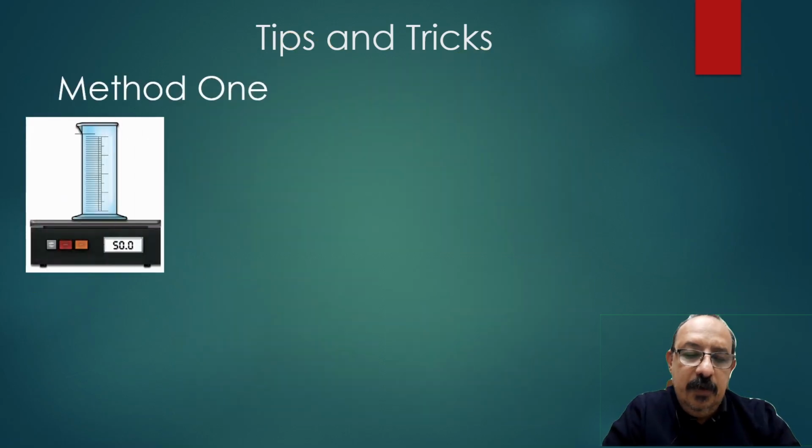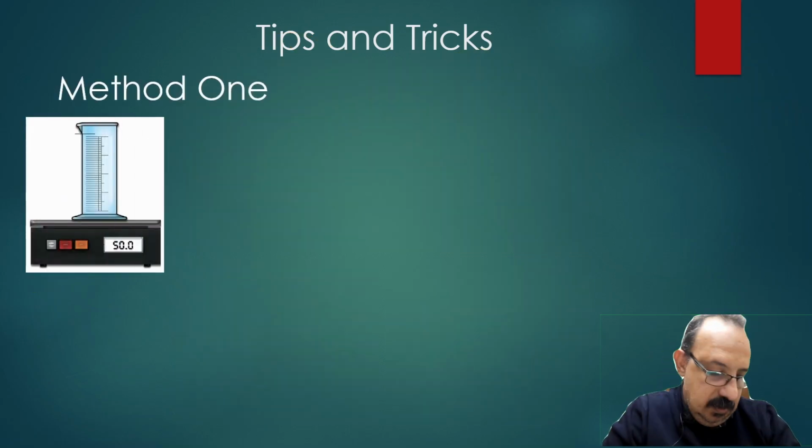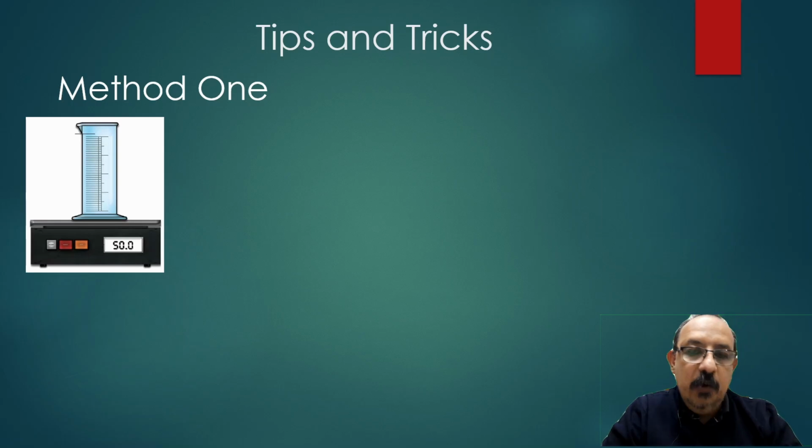But what if I'm asked to find the mass of a liquid? Sure, I cannot put the liquid directly on the scale. It will just spill, right? So what I need to use is a measuring cylinder. Actually, it must not be a liquid.